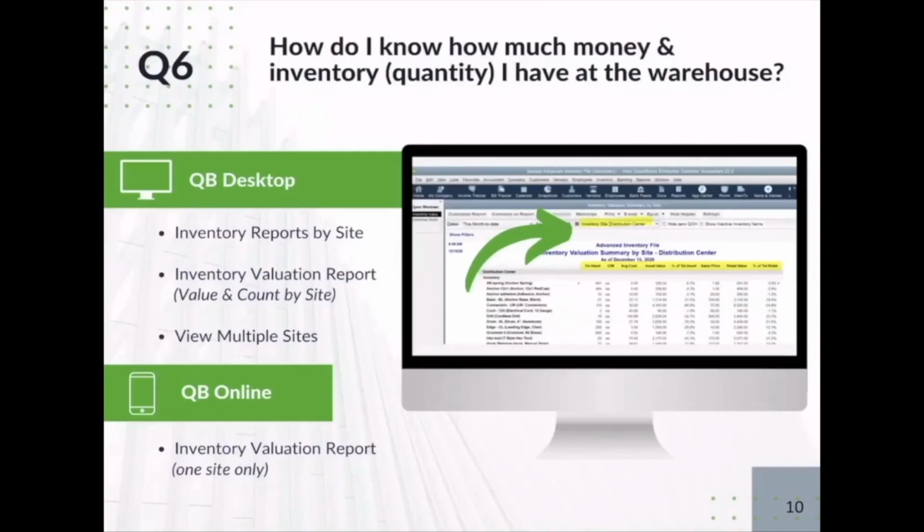QuickBooks Desktop has cycle counts, and I always recommend to my clients to do those. In my prior life, before Fourlane, we used to do cycle counts regularly. One, it gives people something to do if they're having some downtime, but it allows us to double check and make sure our counts are accurate. So it gives us some confidence in the numbers that we're seeing in the system versus what is real.